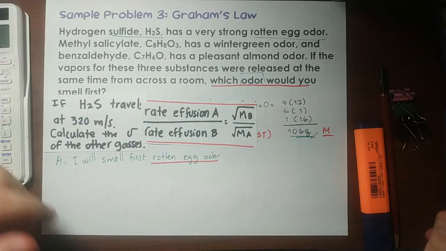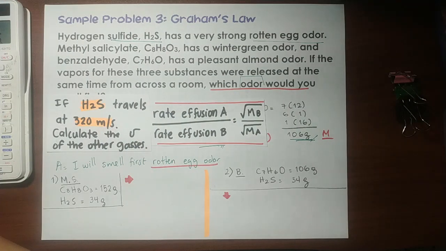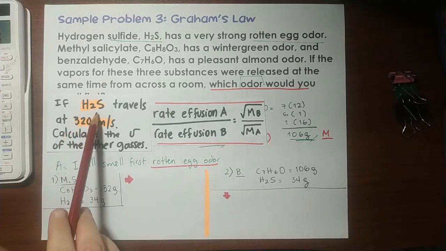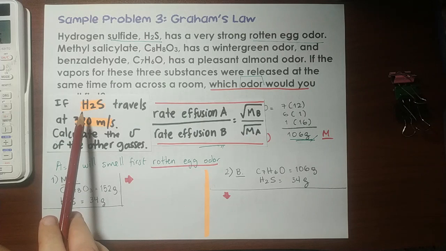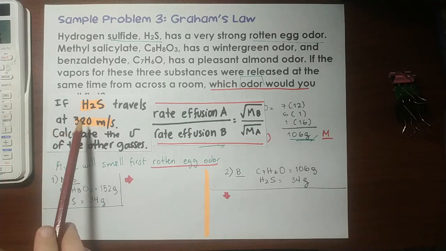So I say, okay, let's take a look. Here I have my two other gases, methyl salicylate and benzaldehyde. So I will compare against which gas? Against the given, which is hydrogen sulfide, because I know its velocity.